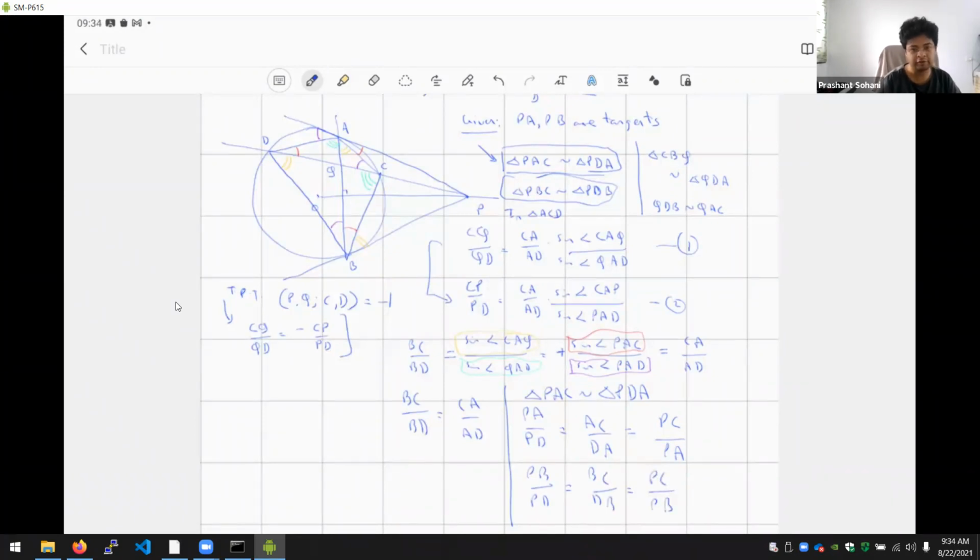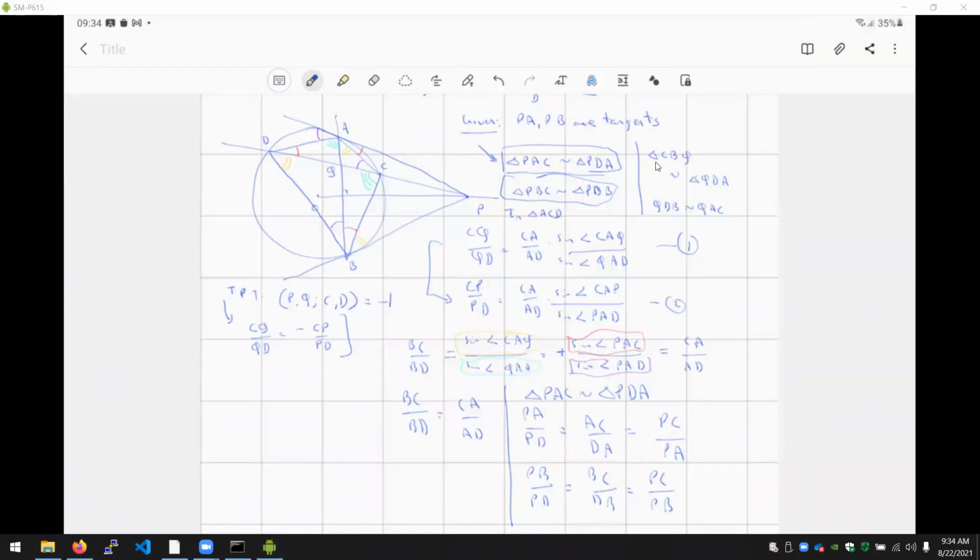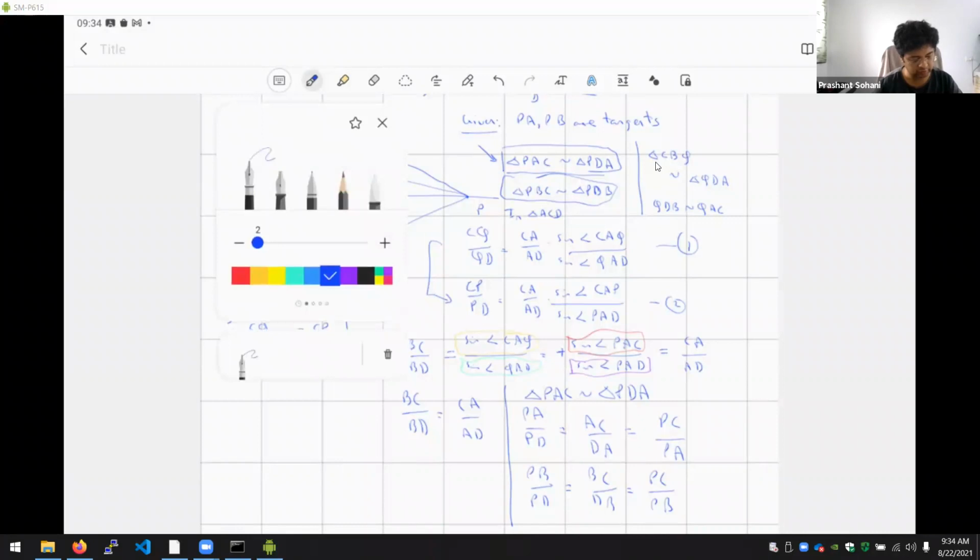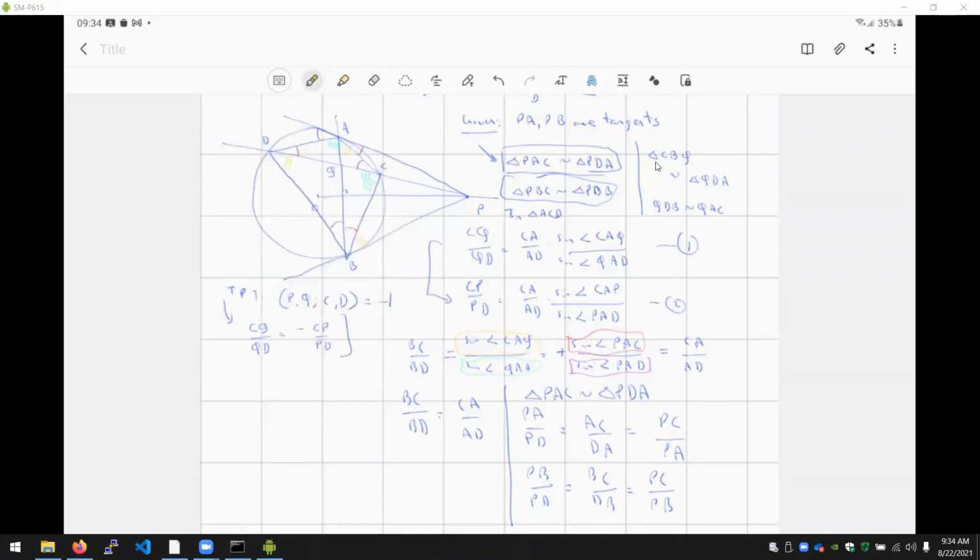Okay, so is this helping us? I think it is finishing the problem. Do you see that? Why is it the case? Because PA and PB are equal, exactly. Yes, sir.